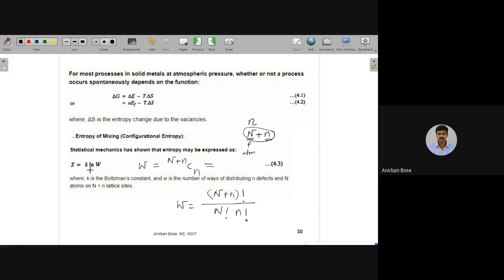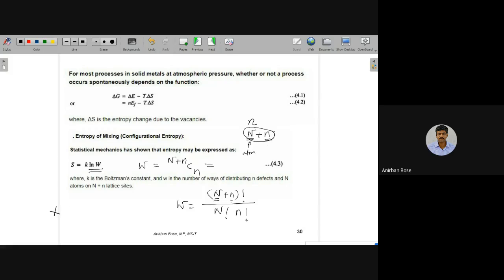Then you have to take the log of W. If you take log of W, in that case this N or small n, these quantities are very large, because you know that they are in the order of 10 to the power 23, 24, 25 like that. So they are very large quantities. So you can use Stirling's approximation.